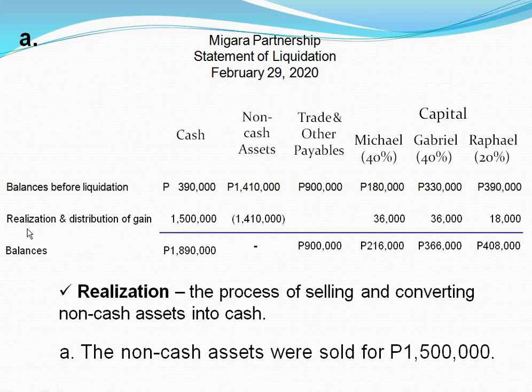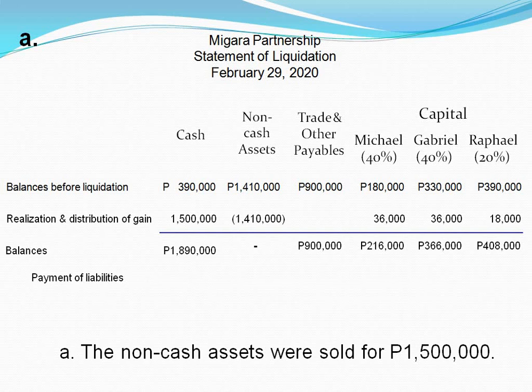After realization or the sale of the non-cash assets, the partnership liabilities to outside creditors must be paid. Because just as personal creditors have the first right over the personal assets of the partners, the partnership creditors have priority over the assets of the partnership.